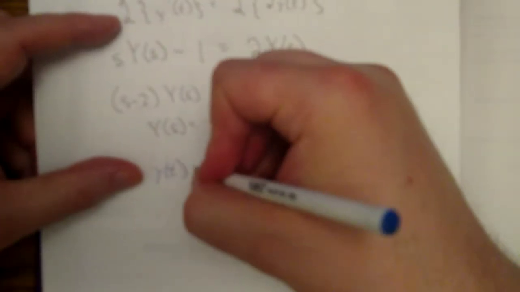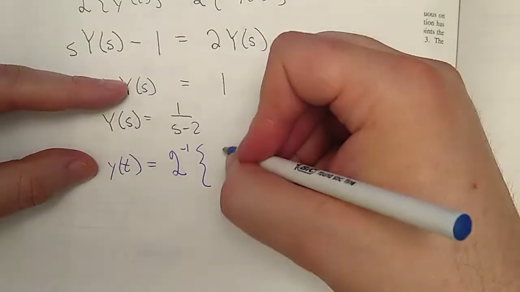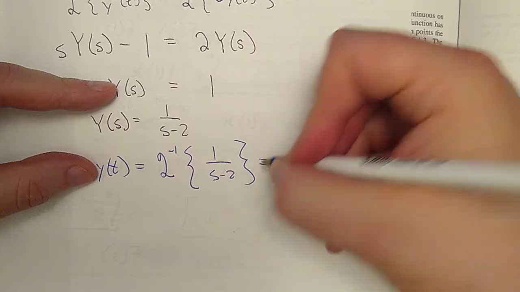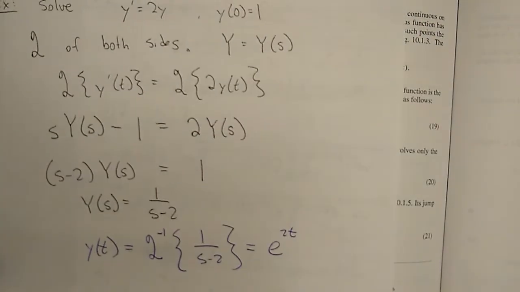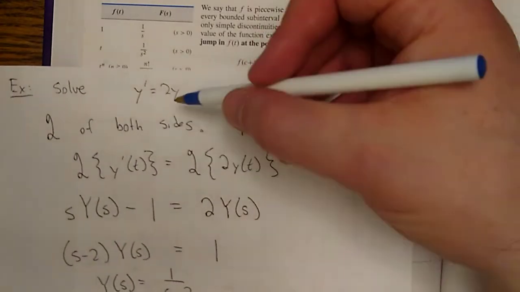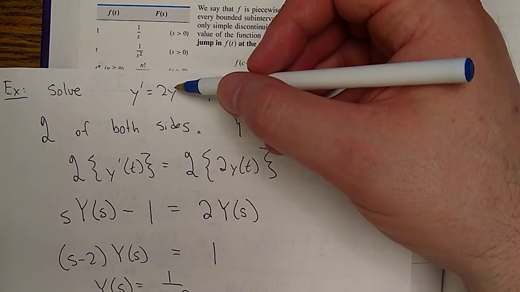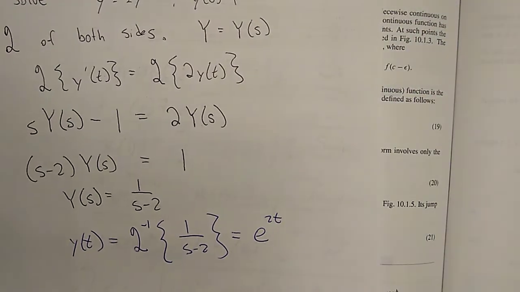So my little y, which would be the inverse Laplace transform of 1 over s minus 2, would be e to the at, so e to the 2t. And that was the answer we were expecting, that is the solution to this differential equation. We could have figured it out the separable differential equation way, and we would have gotten the same answer.